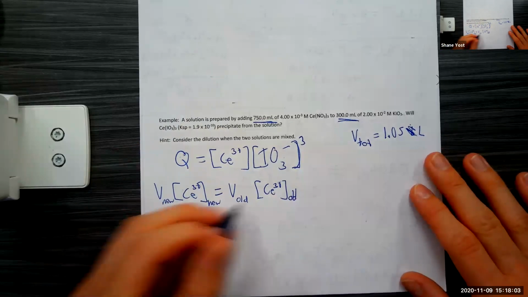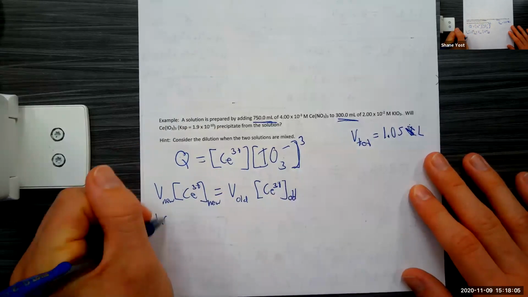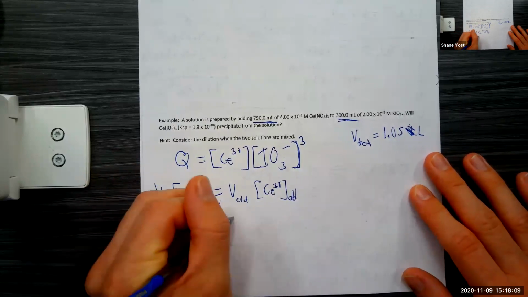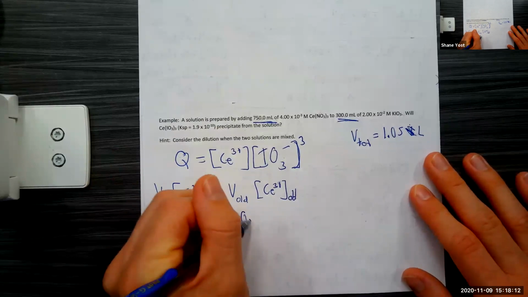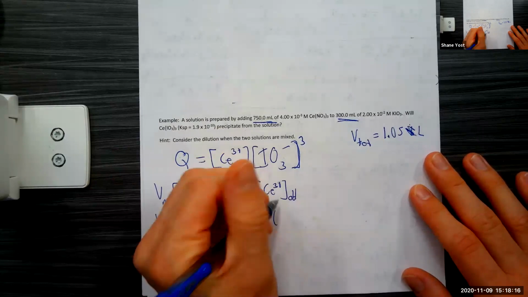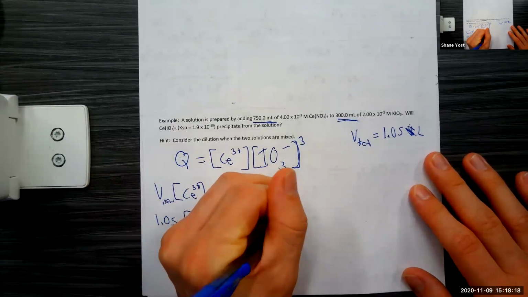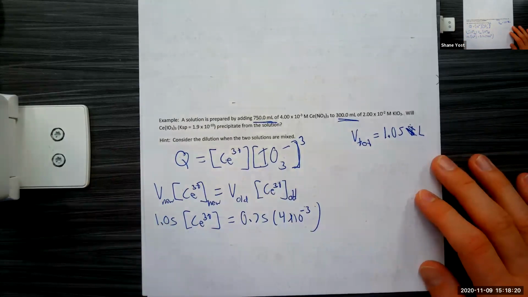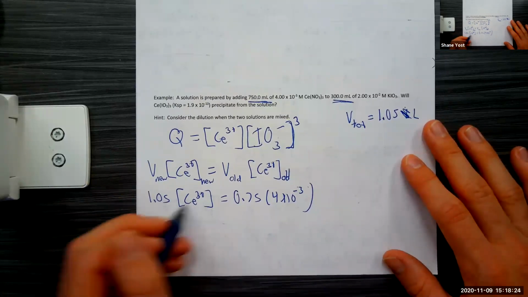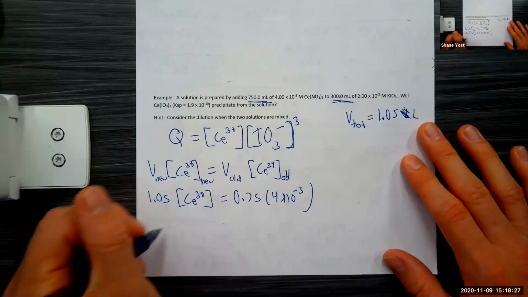Plugging in, this is 1.05 times the concentration we're looking for. And then the old volume is 0.75 times the old concentration of 4 times 10 to the minus 3. And I solve for the concentration of cesium here.